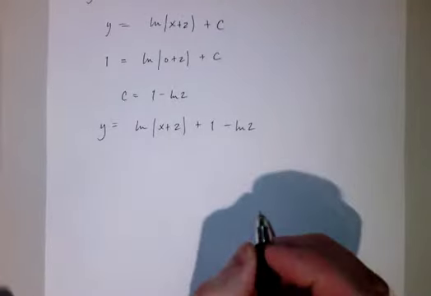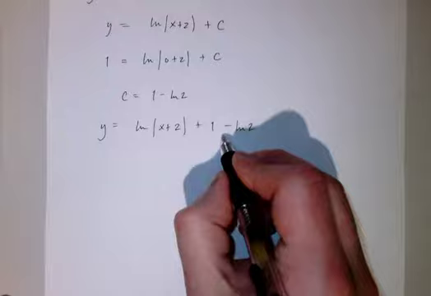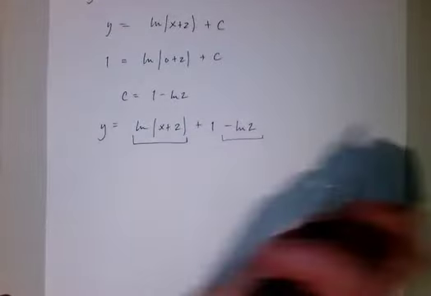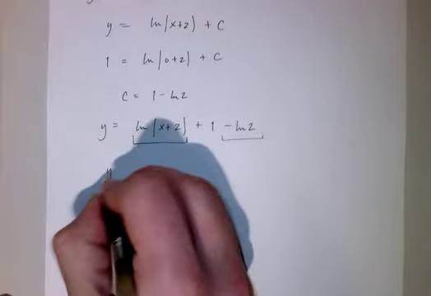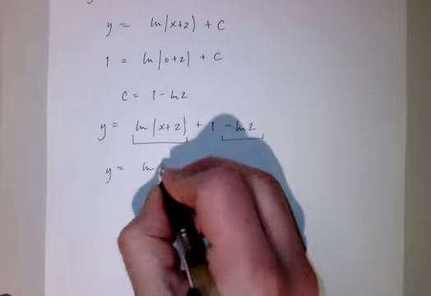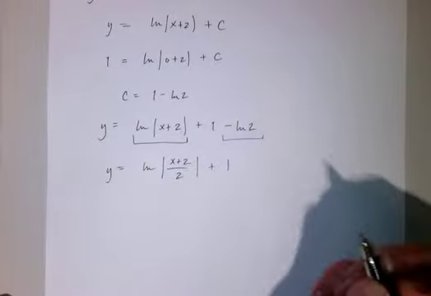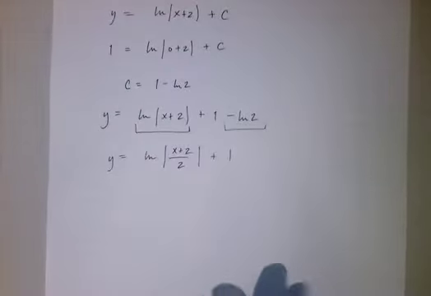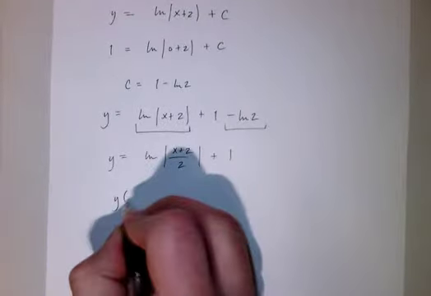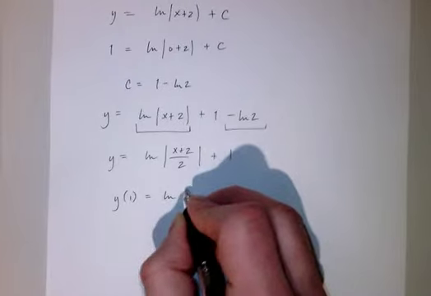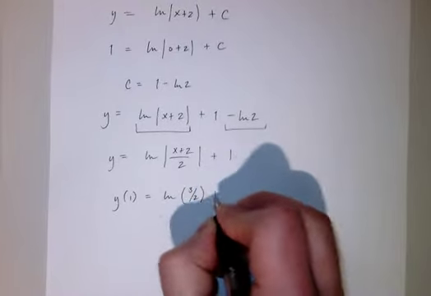I can combine those by properties of logarithms and get y equals the natural log of (x plus 2)/2 plus 1. Now, if I evaluate that at 1, y of 1 is going to be the natural log of 3/2 plus 1.